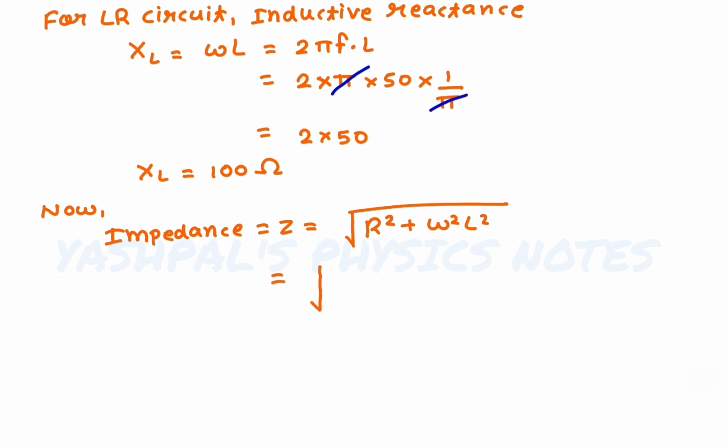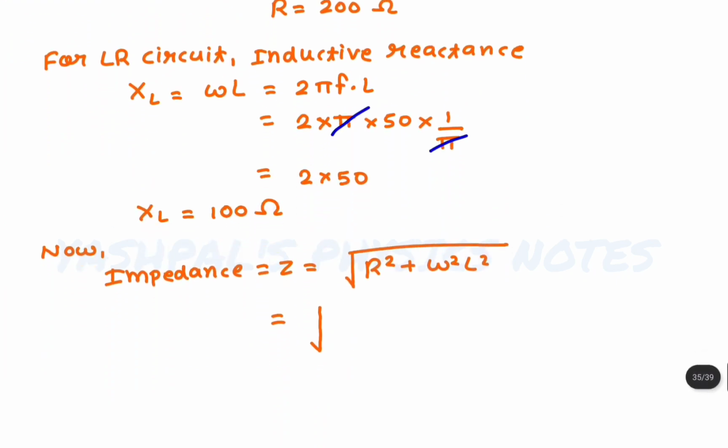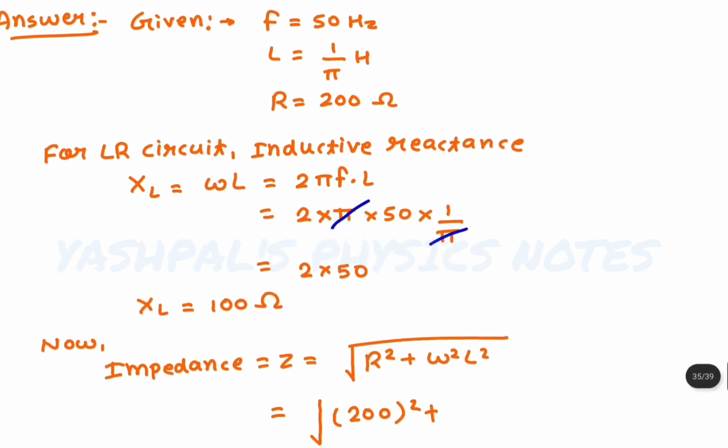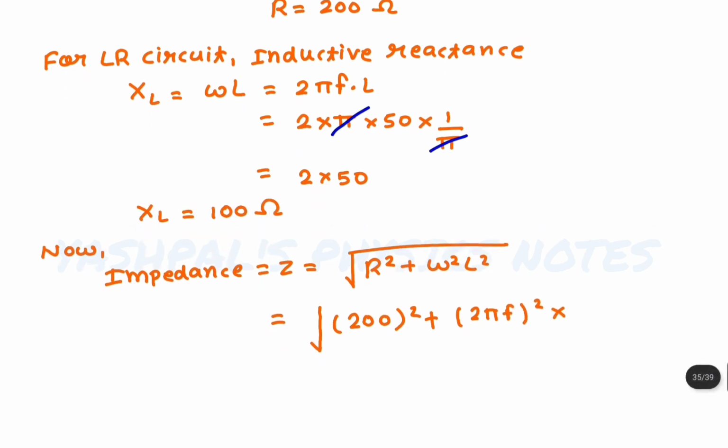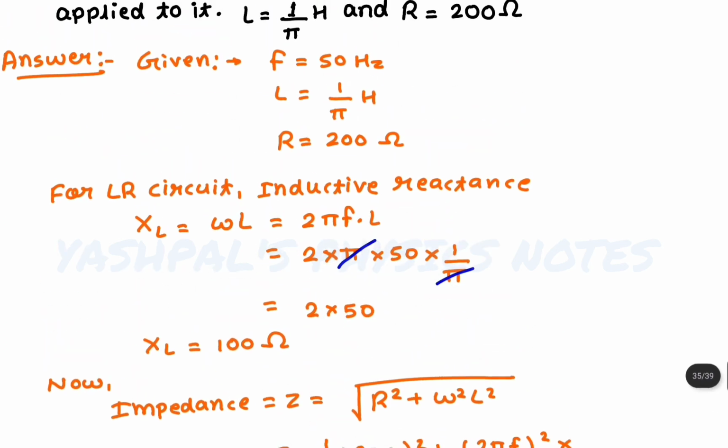Substitute the values. What is the value of R? It's 200 ohm. What is the value of omega? 2 pi f. Under root, 2 pi f whole square into what is the value of L square? 1 by pi square.